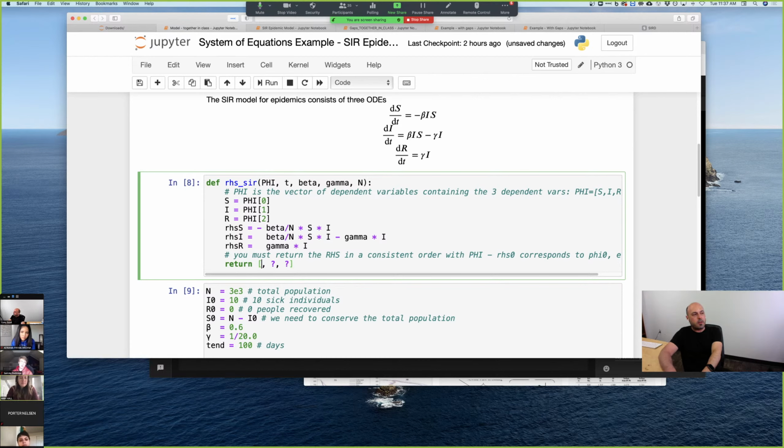But you have to return them in this order: RHSS, RHSI, and RHSR. Now, when you do this, then ODE int thinks the first equation has RHSS, the second equation has RHSI, and the third equation has RHSR. And therefore, that's why we say we're solving SIR in that order.